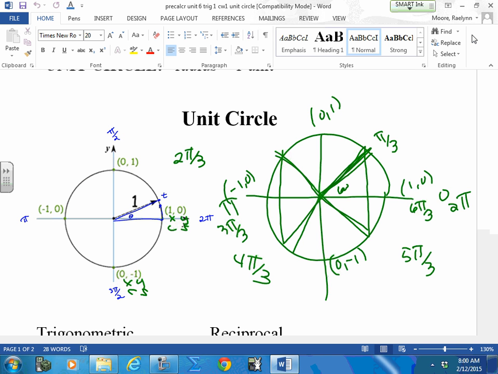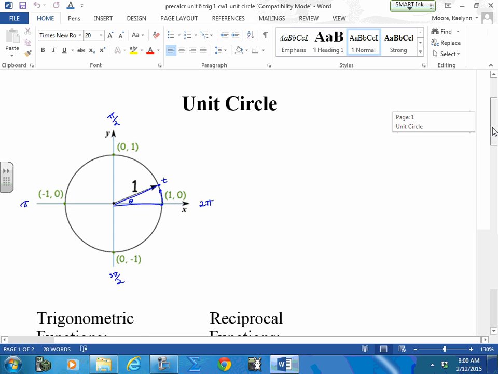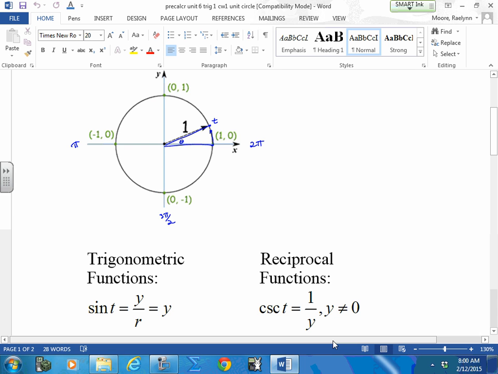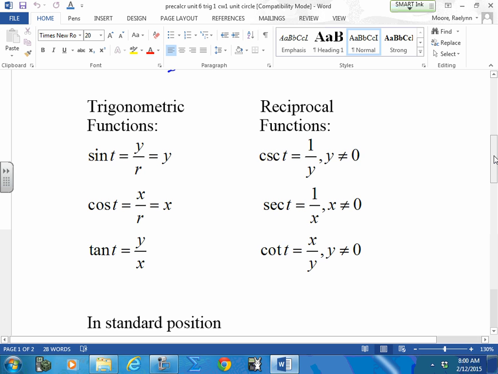So when we get to this, that's what we'll be looking at. Now, your concept of your unit circle, again, your radius is 1. And obviously your x and your y, when we make a triangle, have to be less than 1. Which is what you guys usually don't like to do, is make them fractions. Your trig functions, and this is going to be a little different for you too. I know most of you work off of this.